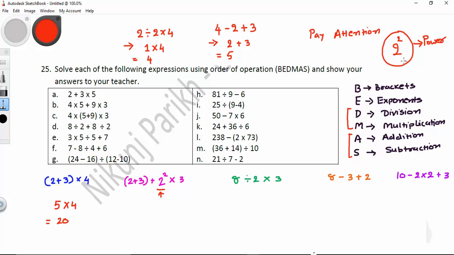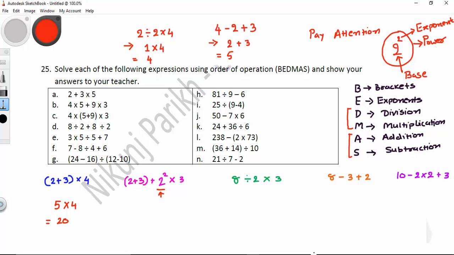This bigger 2 is called the base. And this smaller 2 is called the exponent. So when you have this kind of expression, we consider that as exponent. And exponent has a second priority here. The first priority goes with the bracket, whereas the second priority goes with the exponent.